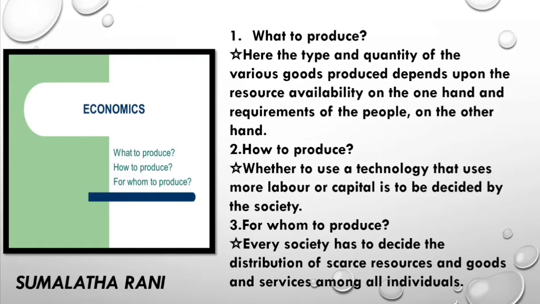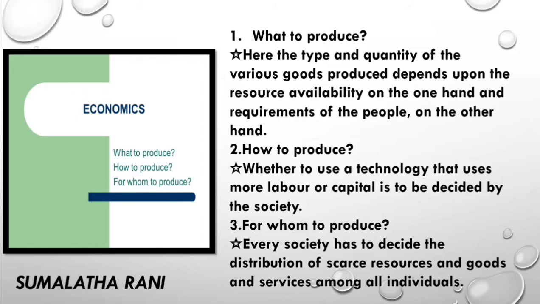Whether to use a technology that uses more labor or capital has to be decided by the society, whether to take very little labor in order to produce the goods or services, or to use more labor or capital.